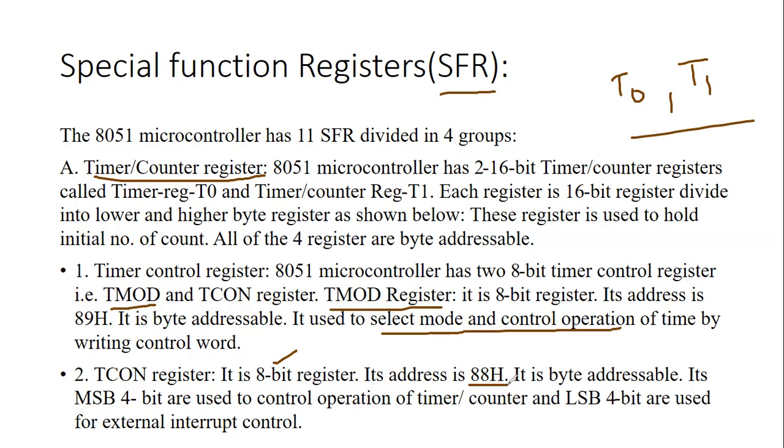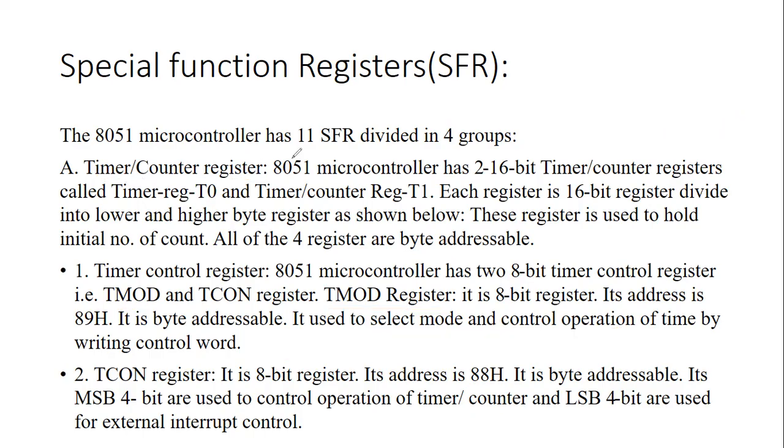It is also byte addressable; its MSB 4 bits are used to control the operation of the timer and counter, and the LSB 4 bits are used for external interrupt control. So these are a few details about the timer counter registers.